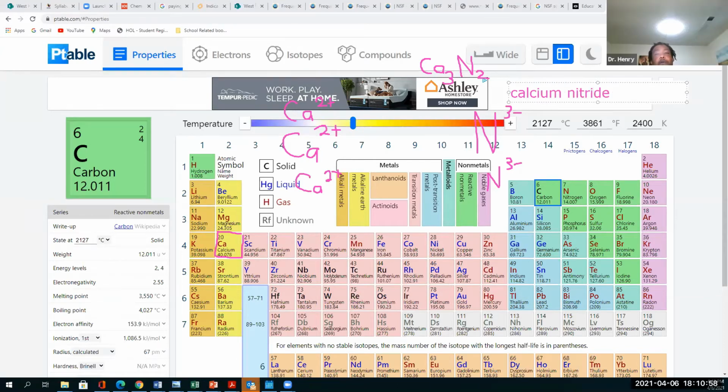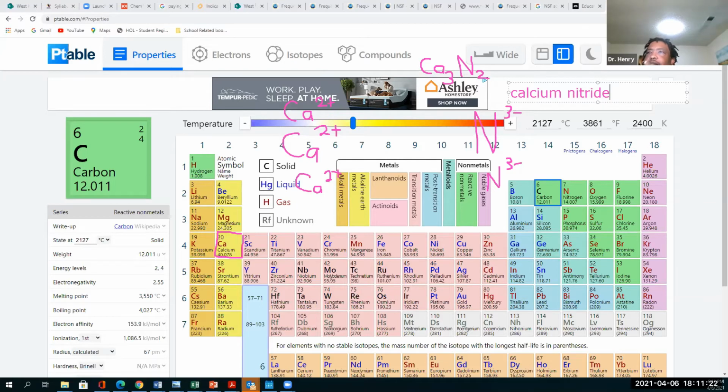Okay, so we want to remember with ionic compounds, if there are plus and minuses involved, then we do not ever use the Greek prefixes, no di, no tri.